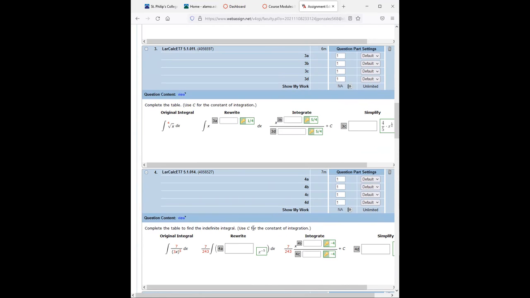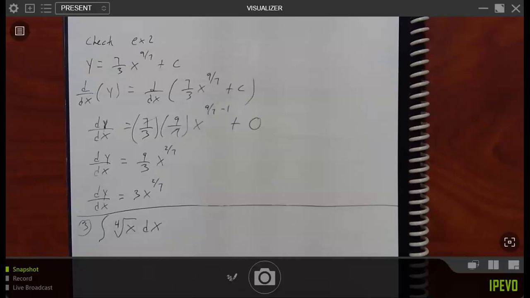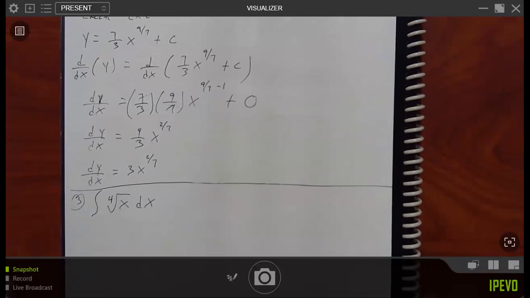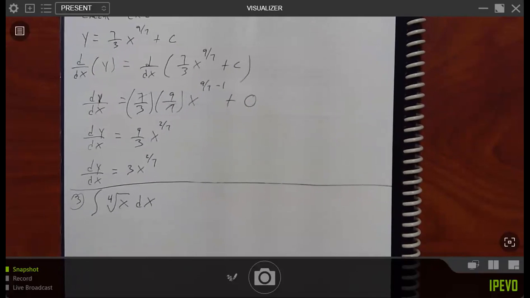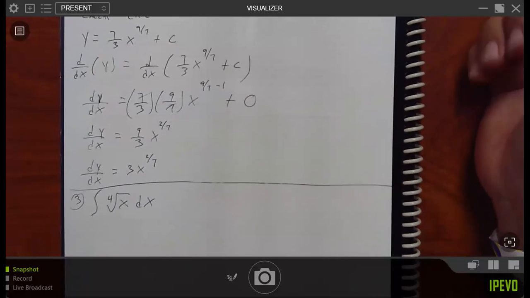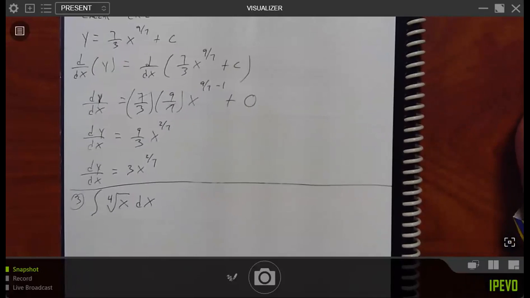The integral of the 4th root of x dx. Okay, switch over. I'm not going to complete the table, I'm just going to show you how to do it. Remember how when we were doing derivatives, if we had a square root, we would rewrite the problem?